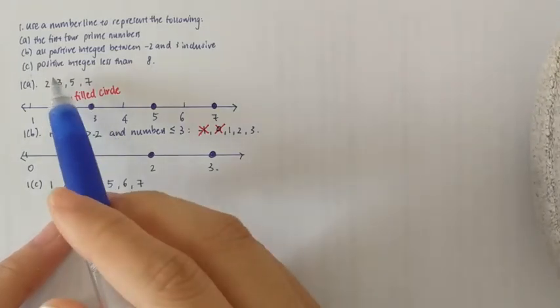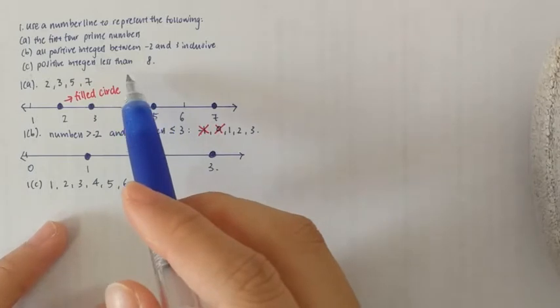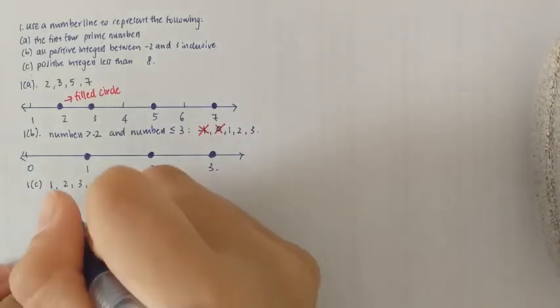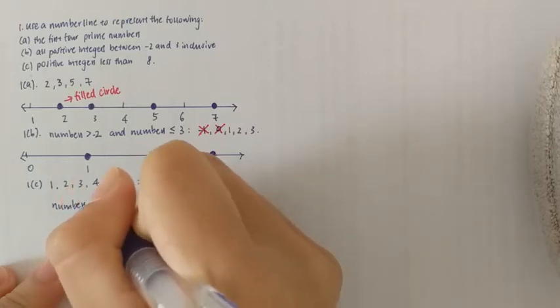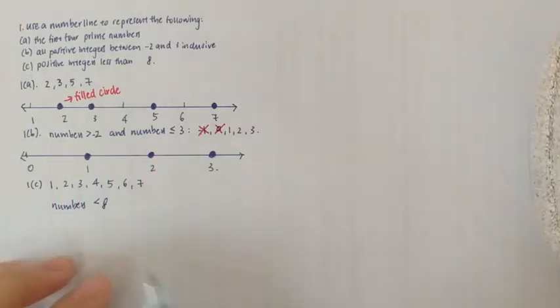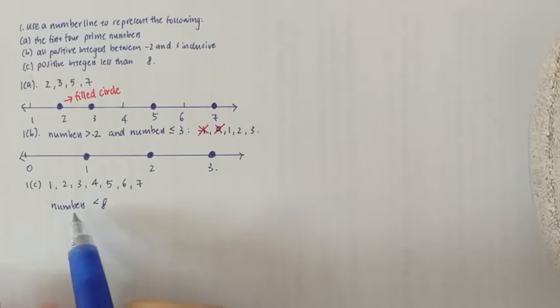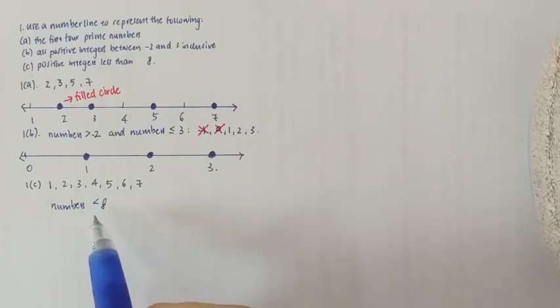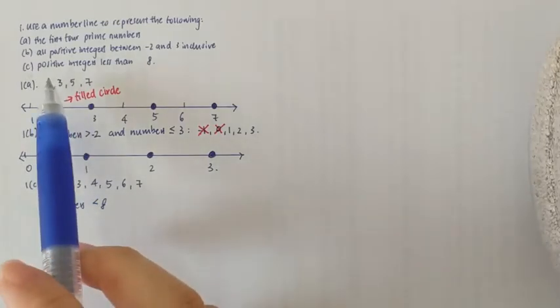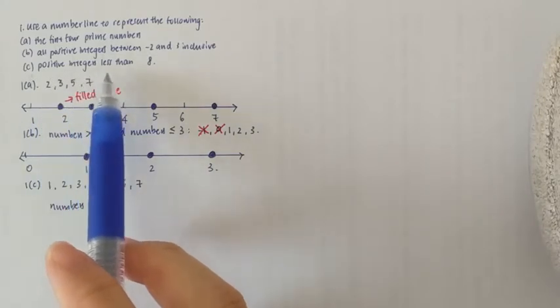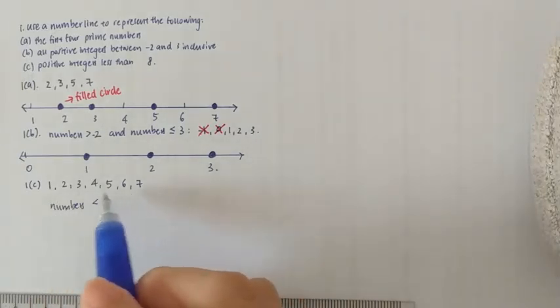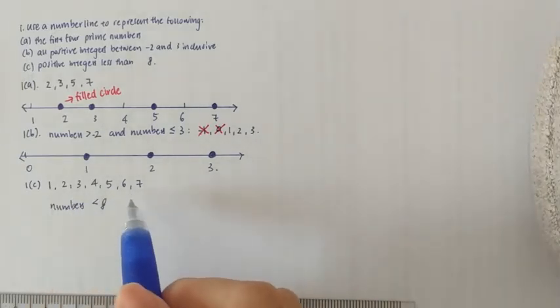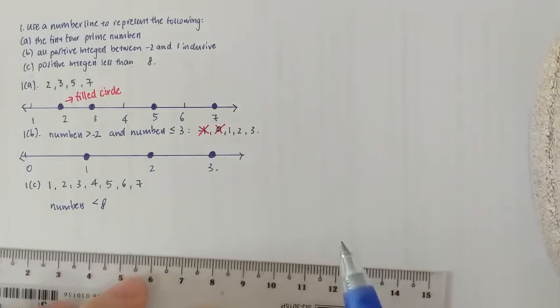It says positive integers less than 8. That means strictly less than. So that means we want numbers that are less than 8. It's not numbers less than or equals to 8. They did not say positive integers less than 8 inclusive. So 8 is not included as well. So these are the numbers that we have to represent. 1, 2, 3, 4, 5, 6, and 7.